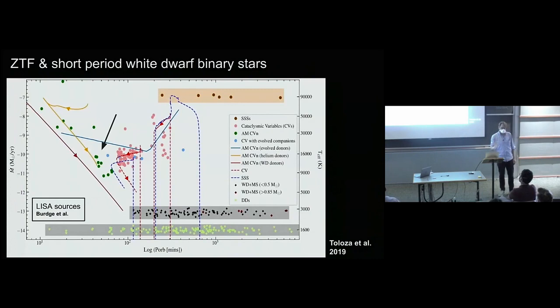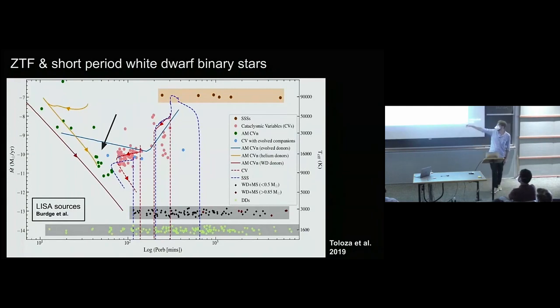Before I go to the results, I briefly want to show you this diagram, which gives a really nice overview of all the different types of white dwarf binaries we know of and we expect to find. On the y-axis is the accretion rate, on the x-axis the period, and down here are the two non-accreting types of systems, the double white dwarfs, which go all the way down to 10 minutes or even shorter, and the white dwarf main sequence stars.